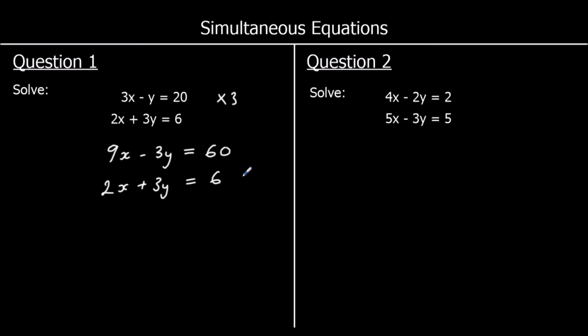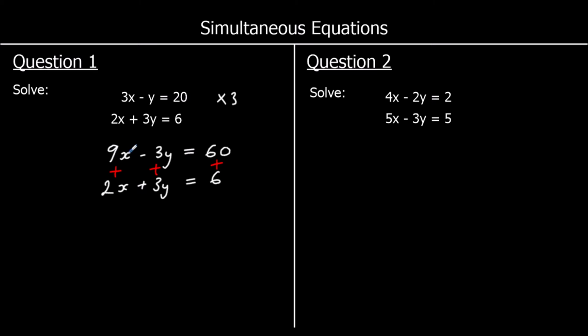Now, my y's aren't exactly the same. I've got a negative 3y and a positive 3y. So I'm going to get rid of them by adding my top equation and my second equation together. If they had the same signs, if they were both positive, I would get rid of them by taking away.